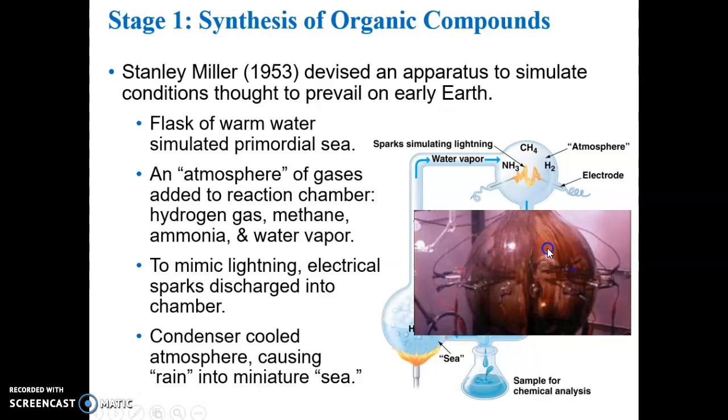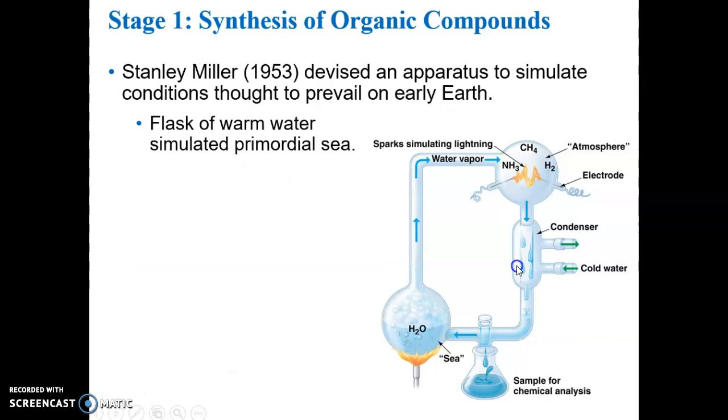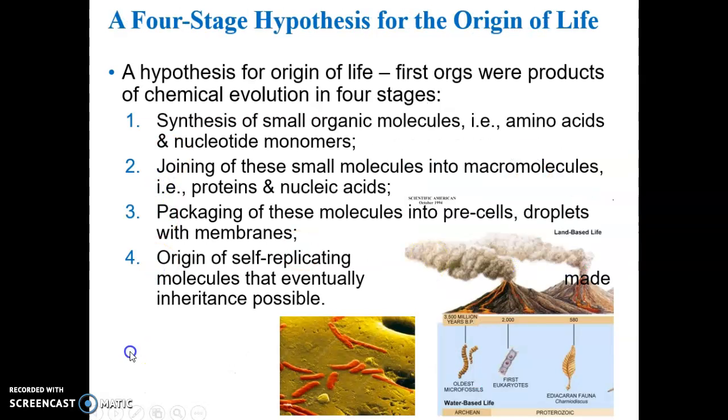So this famous experiment by Miller helped reinforce the idea that early Earth molecules could appear by these 4 steps. As I was saying, that Miller experiment back in 1953 showed that the building blocks of amino acids and other nucleotide monomers, some of the simple building blocks of organic materials, could self-assemble with some energy input.